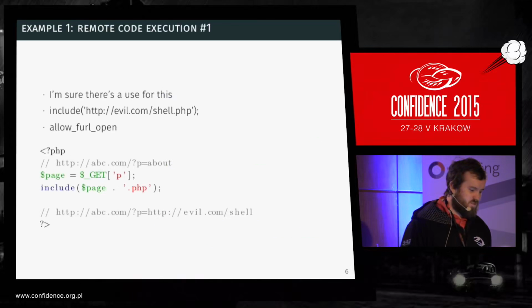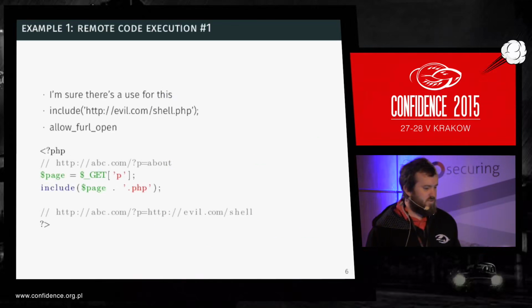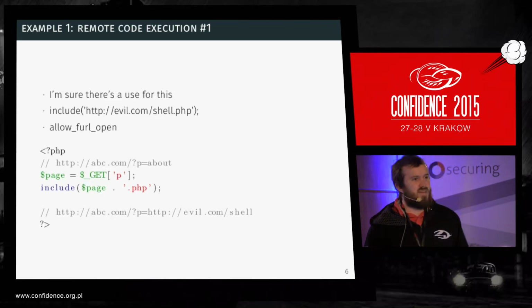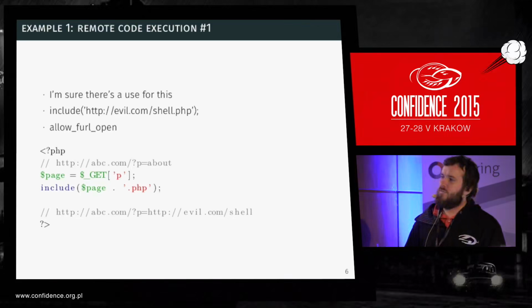So first, let's go to the first example where this can go wrong. I've shortened this example a little bit, so you probably wouldn't find something exactly like this, but something basically like this. You can have some kind of website which has a parameter which says that I want to see the about page. And then inside the code, it would be something like this: take the parameter, slap on a .php and include it.